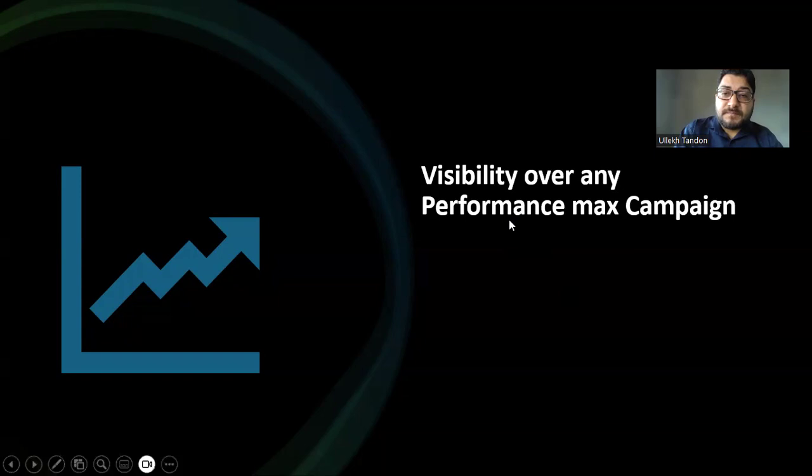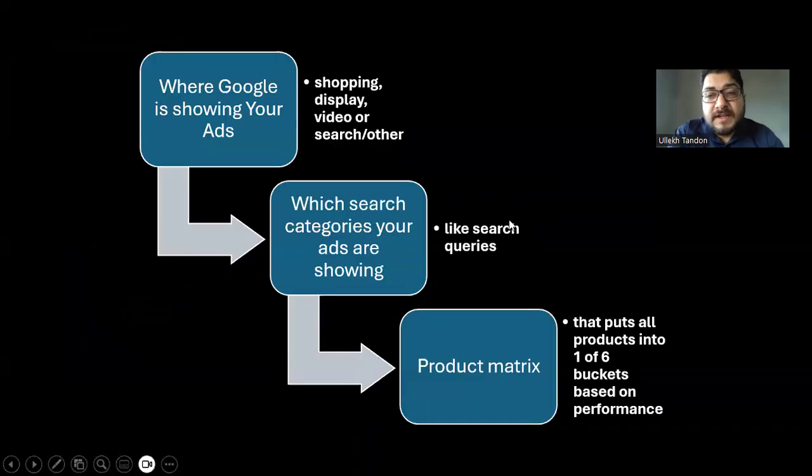To start with, first, this report that we have designed and the script that we will showcase in this video will show where Google is showing your ads, whether it's on shopping, display, video, or even on the search engine. Which search category your ads are showing for, like the search query, what search term the user is typing and by which your ads are getting displayed.